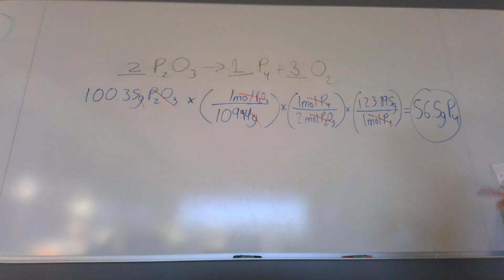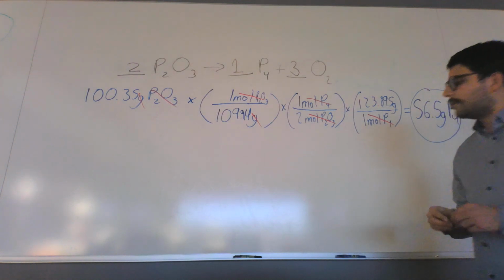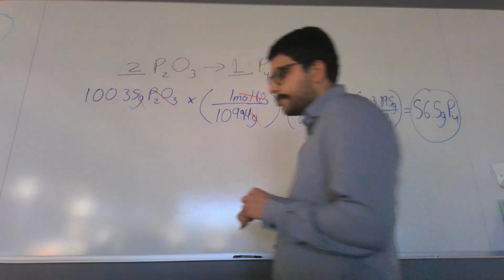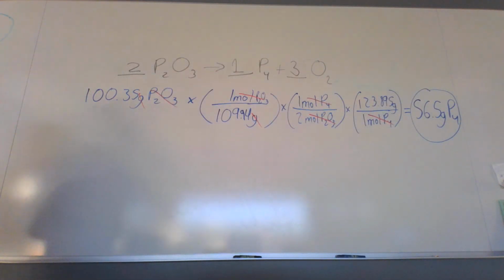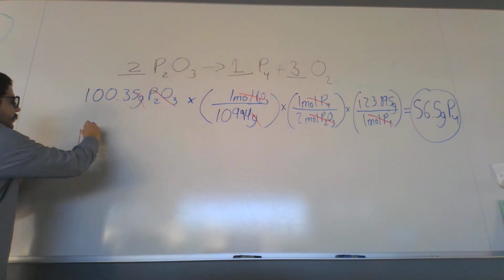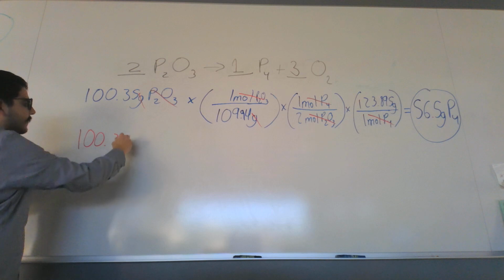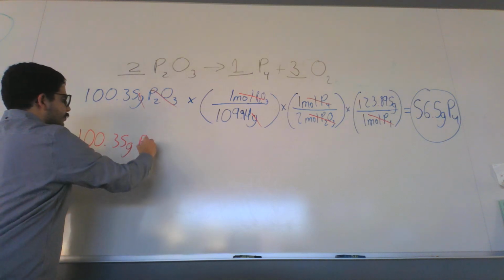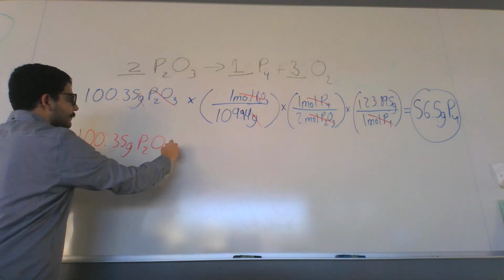Okay, but that's just the first answer. That's the first part of the problem. The second part of the problem is asking us to find the mass of oxygen gas, O2, formed from the initial 100.35 grams of P2O3. So I'm going to bring this back down, 100.35 grams of P2O3.